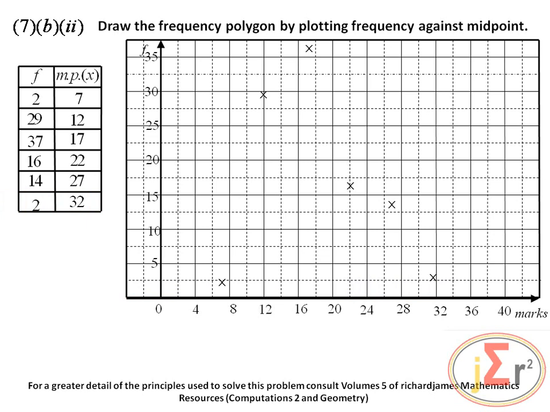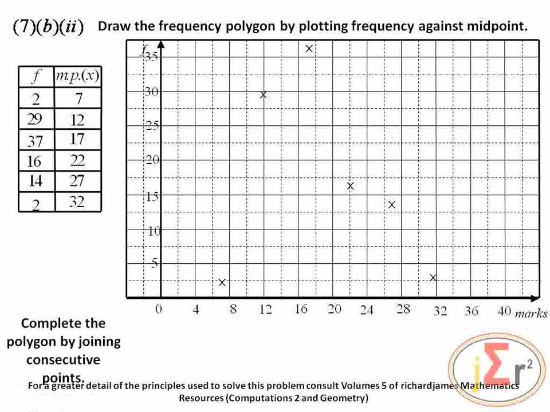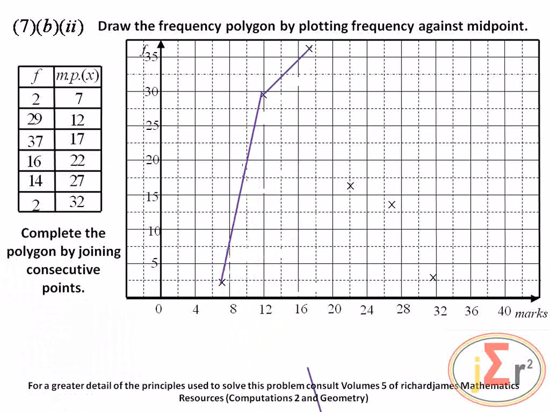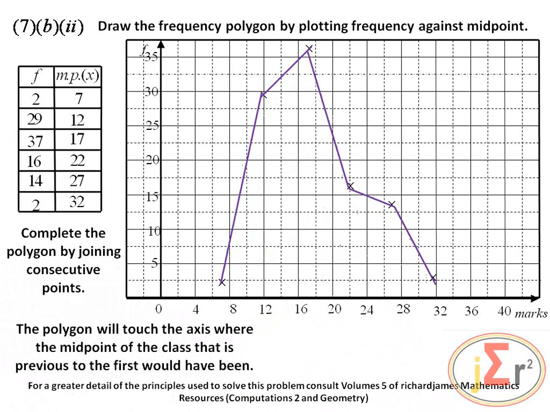We will complete the polygon by using straight line segments to join consecutive points. The polygon will touch the axis where the midpoint of the class that is previous to the first one would have been.